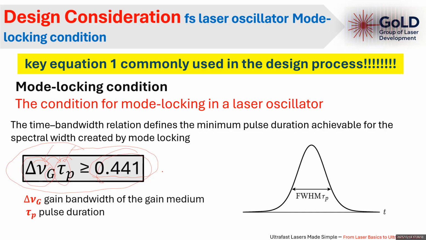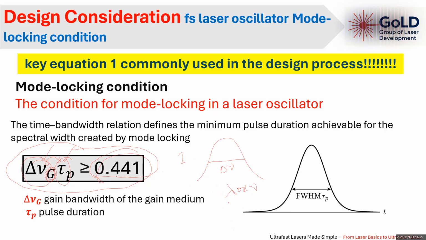Like if this is your wavelength or frequency and this is your intensity, this is the bandwidth. But here G is mentioned, so that G is linked with the gain bandwidth of the material, the gain medium we use.